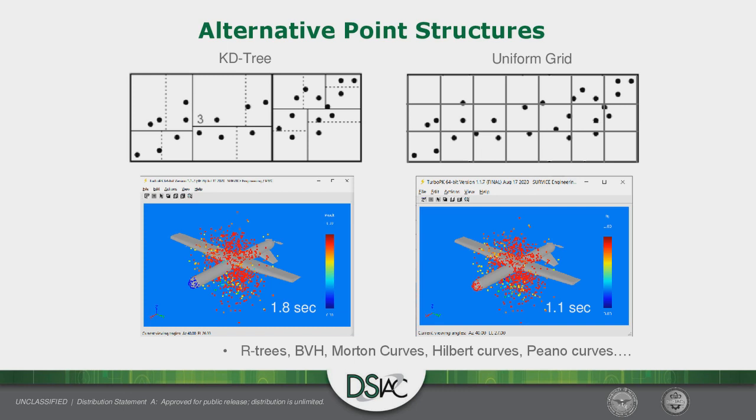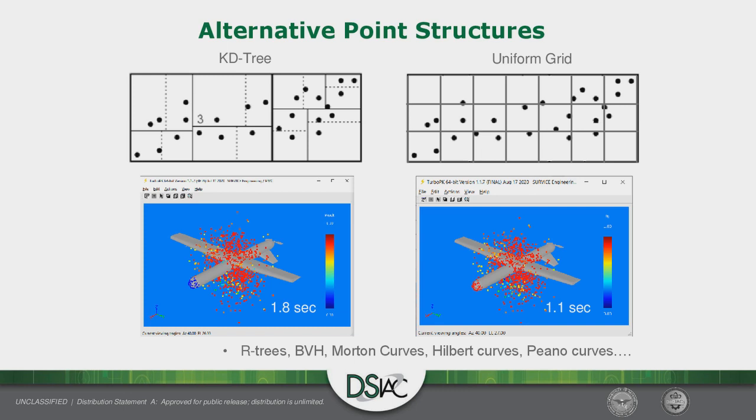This is a 2D representation of the KD tree. What KD trees try to do is subdivide into rectangles that are controlled by the distribution of the points. An alternative is a uniform grid, where the rectangles or cubes are the same size and you put the points in them.